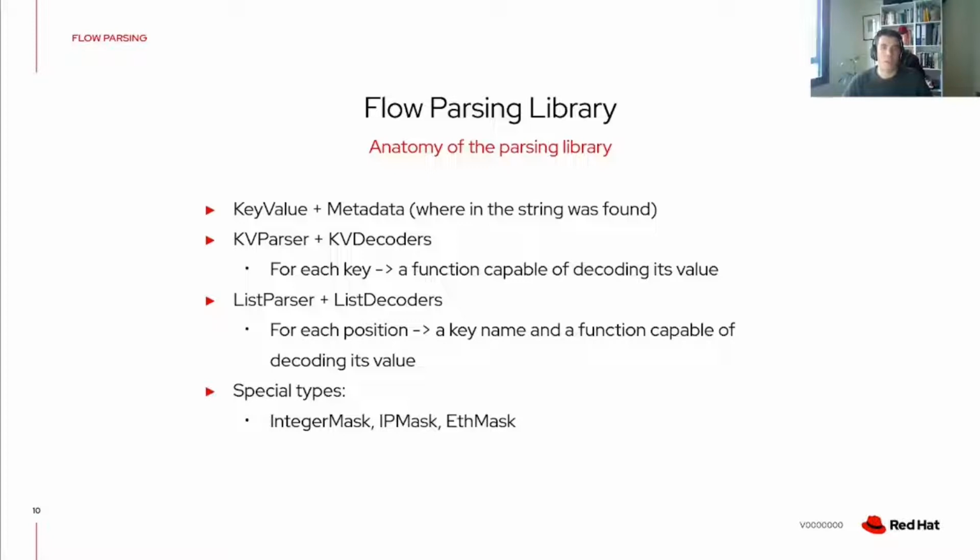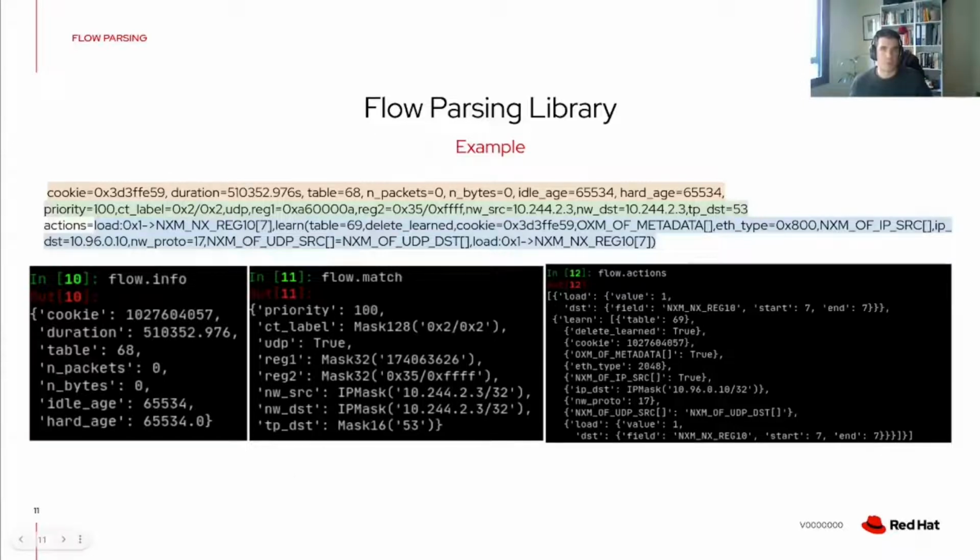The result of the decoding is either a Python type or a special type that supports masking. Here's an example. As you can see, we take the flow, we split it into 3 sections, and each section basically contains a list or dictionary of key value pairs properly decoded.